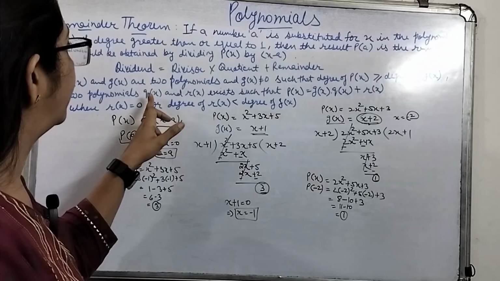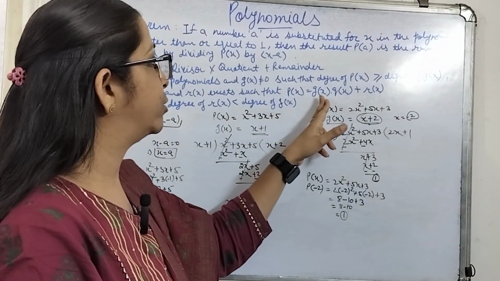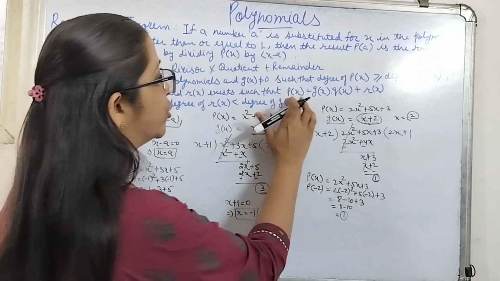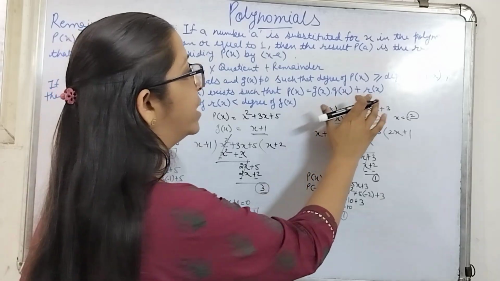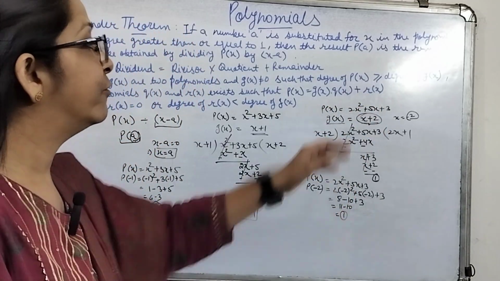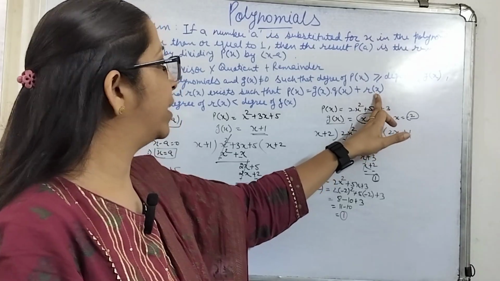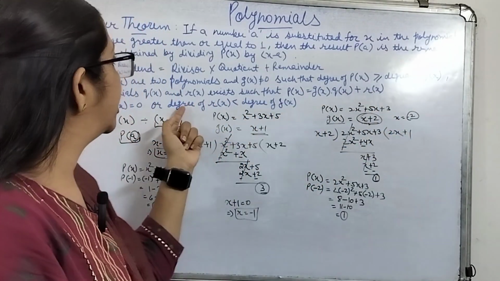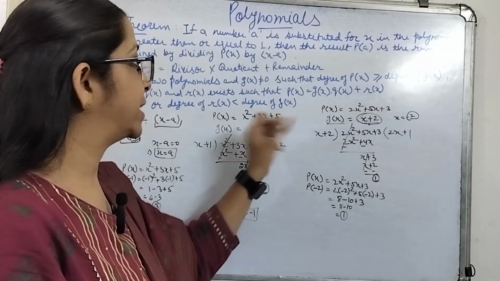Then two polynomials q(x) and r(x) exist such that p(x) is equal to g(x) multiplied by q(x) plus r(x). That means the dividend is equal to the divisor multiplied by q(x), the quotient, plus r(x), the remainder, where r(x) will either be 0 or the degree of r(x) will be less than the degree of g(x). That means the degree of the remainder will be less than the degree of the divisor.